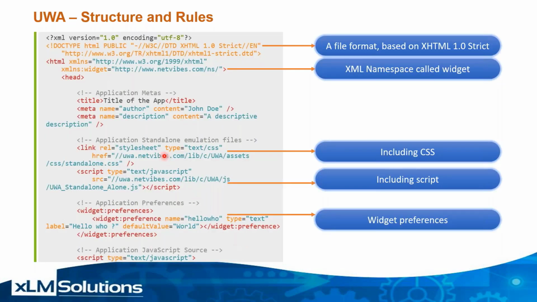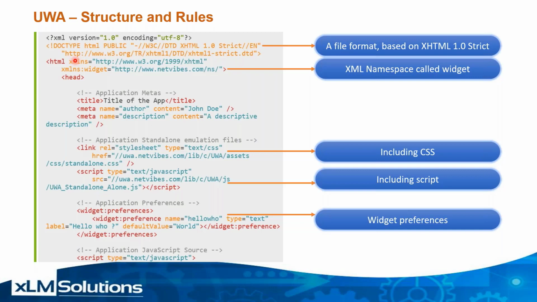So this is my first screen, where you technically see the code of what widget source code looks like. This is an actual UWA structure, and there are some rules to write this file. In the first line, we see a doctype specified. This is a DTD specification for our XHTML 1.0 standards.